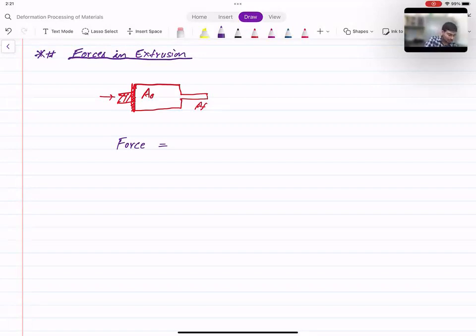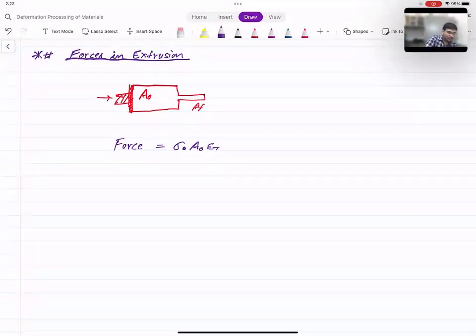So force will become stress into initial area into the true strain value. Basically, this is the minimum force required. We cannot go below this value. In that case, extrusion will not be possible.